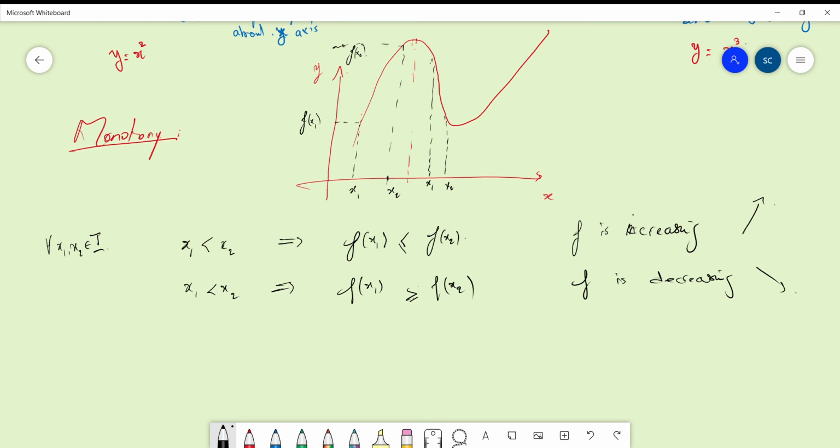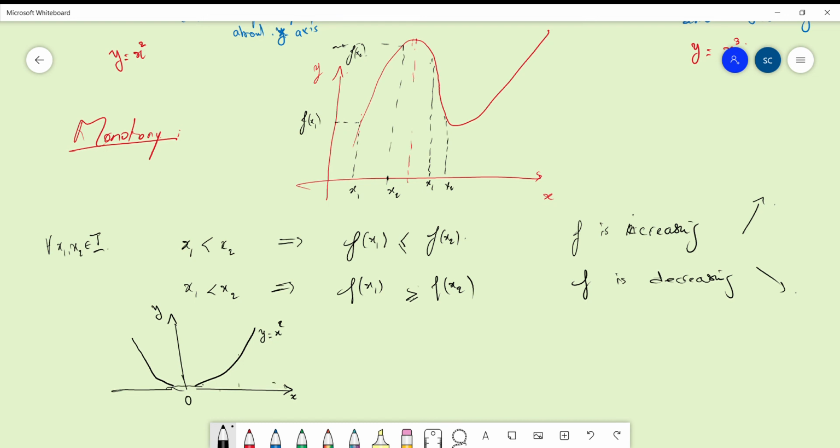Like the parabola function, this is y equals x squared. Here if you take an x1 and x2 globally, it is clear you cannot have a global comparison. But if you restrict yourself to the half interval, 0 to plus infinity, you can make these comparisons.